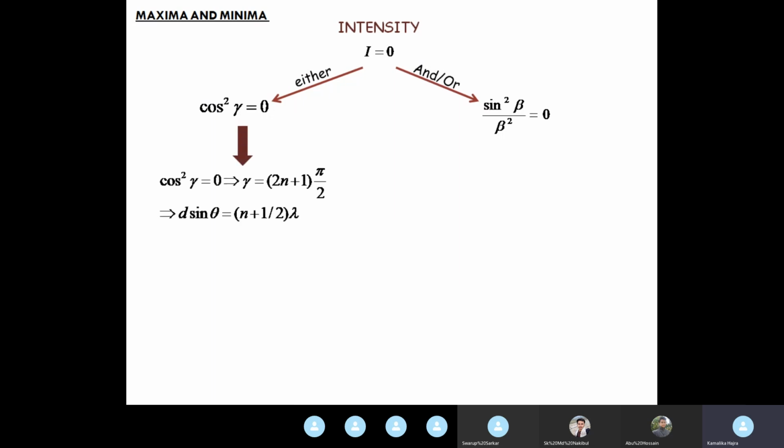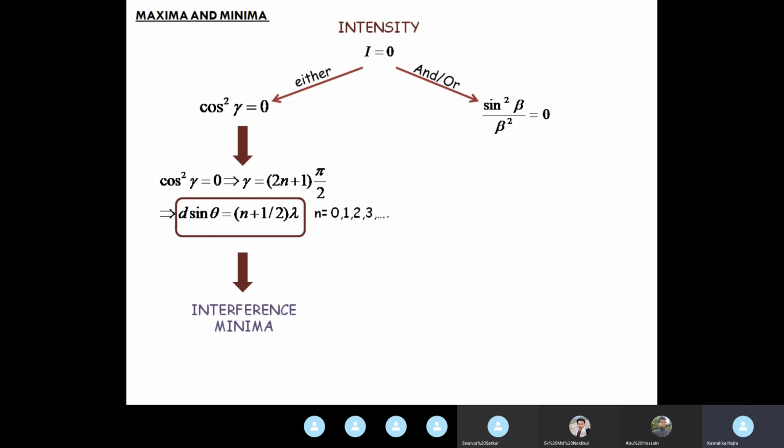So when cos square gamma equal to 0, it means that gamma should be equal to odd multiple of pi by 2, which means d sine theta equal to n plus half lambda, n equal to, of course, 0, 1, 2, 3, etc. And I hope all of you can identify this.